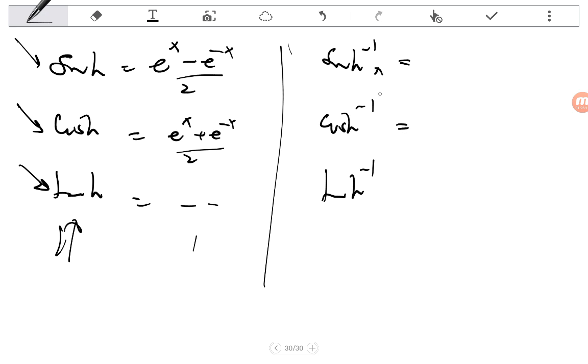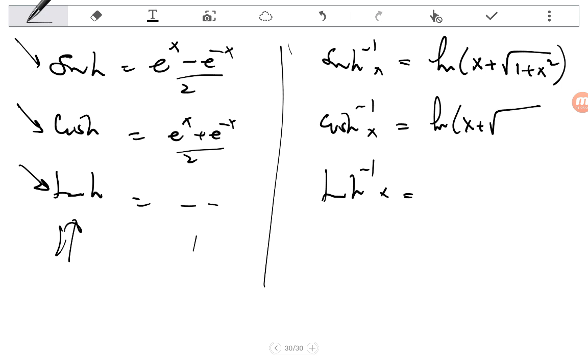So that's why you have expressions like these. Sinh inverse x is just ln(x plus root 1 plus x squared). And this is ln(x plus root x squared minus 1). And this is half ln((1 plus x) over (1 minus x)).